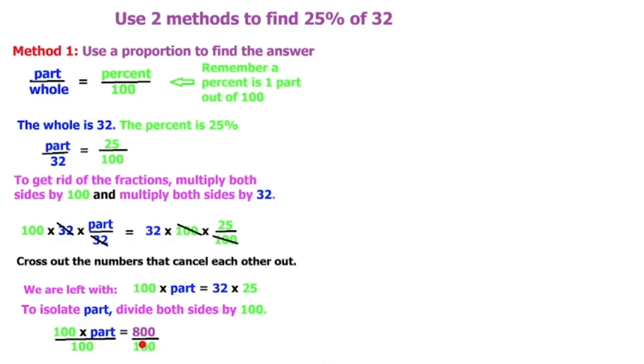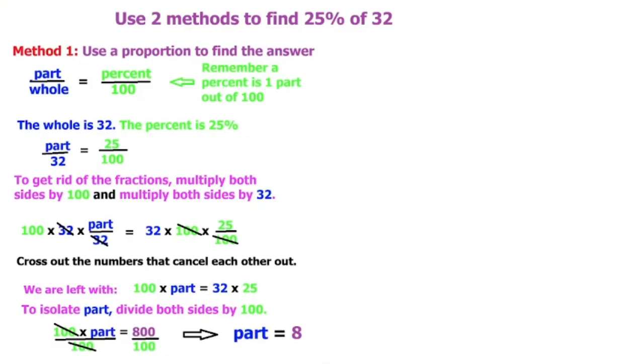And let's divide it by 100 also. Okay? What you do to one side, you have to do to the other. Now we can cross these out. They cancel each other out. And look, we're left with part by itself. Part equals 8 because 100 fits into 800 8 times.